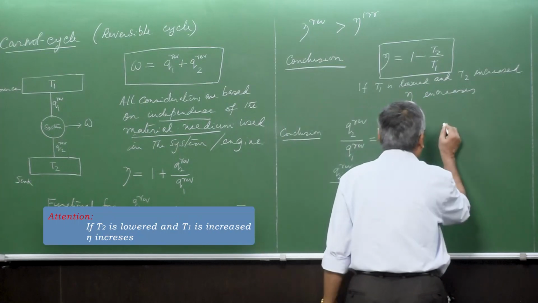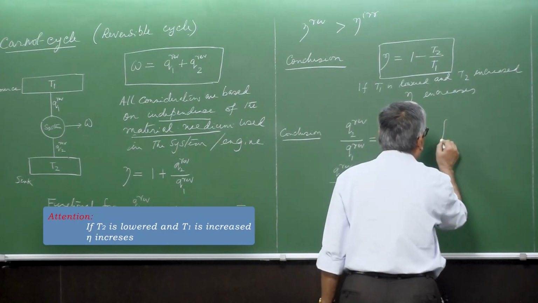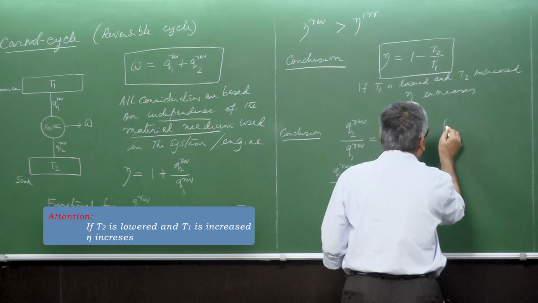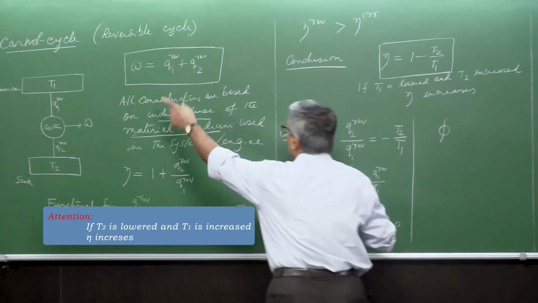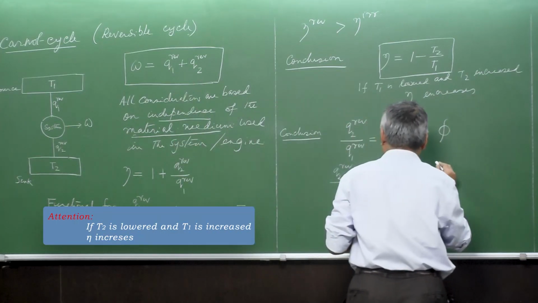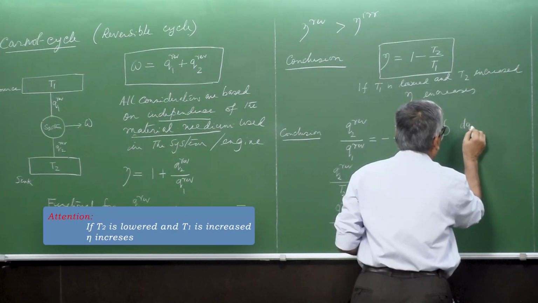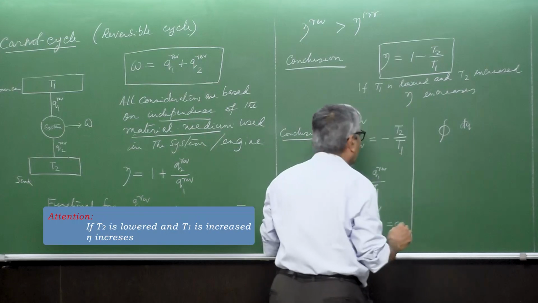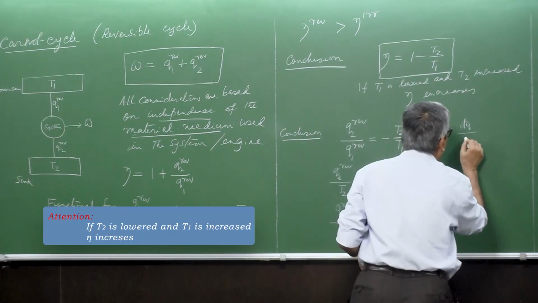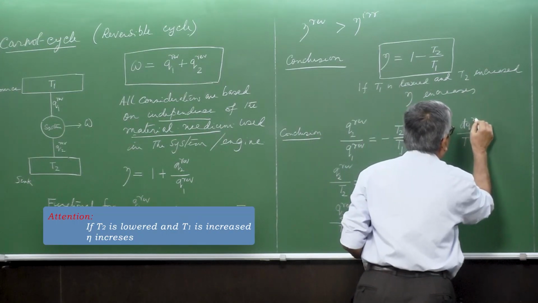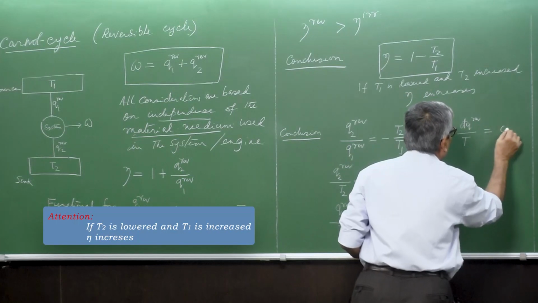If I write it as a sum or an integral, since everything is based on a cyclic process, the cyclic integral tells us that the integral of Q reversible by T equals 0.